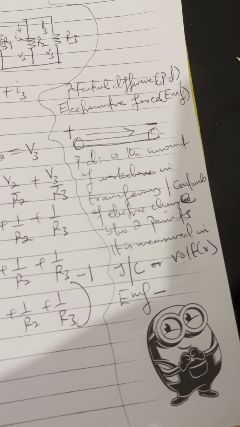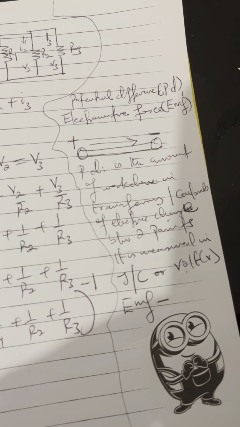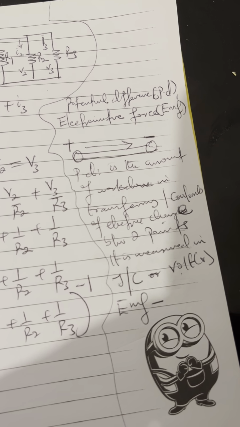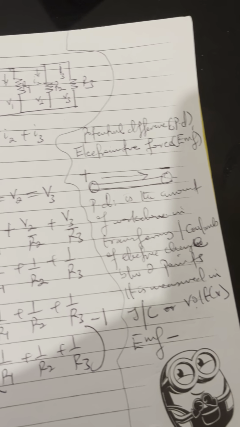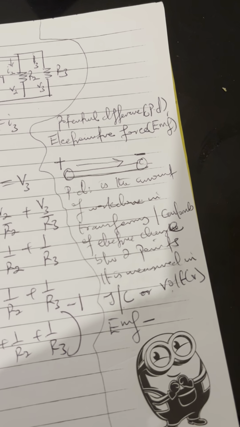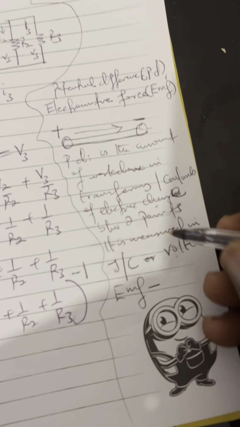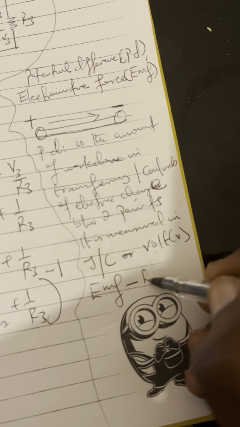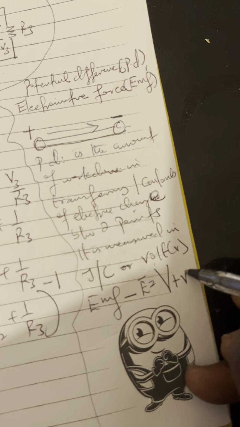It is the voltage across the terminal of the circuit, in addition to the voltage connected across the cell or battery. So that's why you always say EMF is equal to big V plus small v.